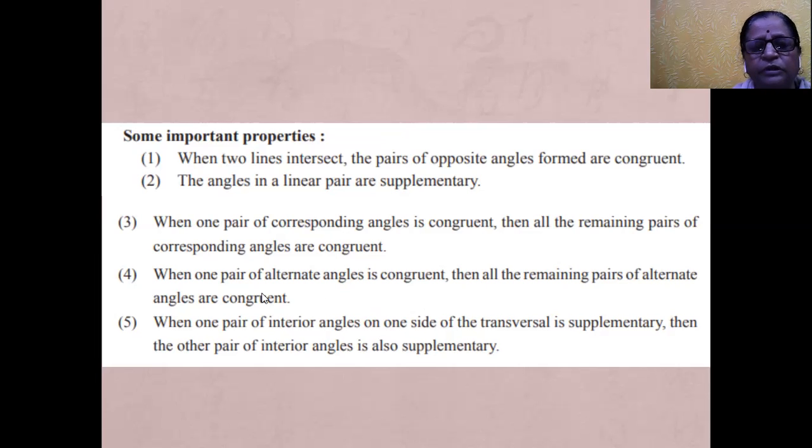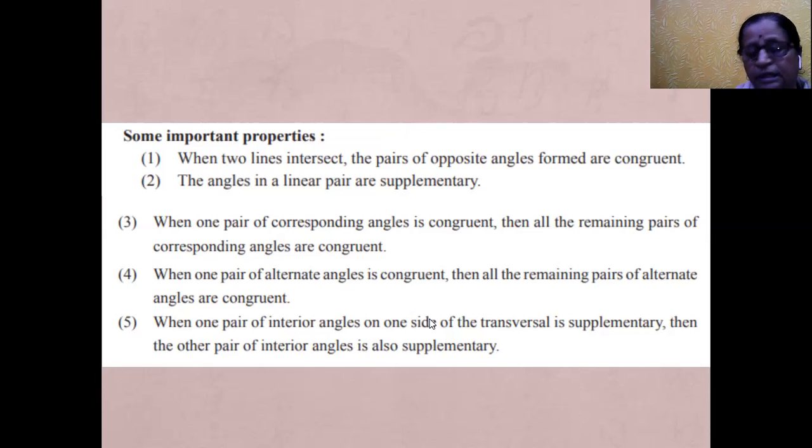The fourth property is that when one pair of alternate angles is congruent, then all remaining pairs of alternate angles are congruent. And the fifth property is that when one pair of interior angles on one side of the transversal is supplementary, then the other pair of interior angles is also supplementary.